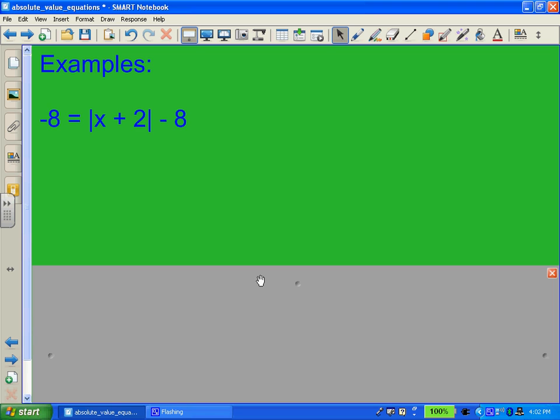So here I have negative 8 equals the absolute value of x plus 2, minus 8. Now again, I want to get this absolute value by itself, so I'm going to add 8 to both sides. Now negative 8 plus 8 is 0. So then I have 0 equals the absolute value of x plus 2. Now I've got the absolute value of x plus 2 by itself, and so now it would be time for my two cases.